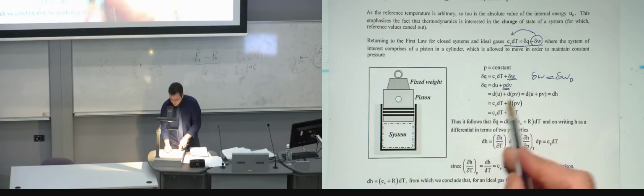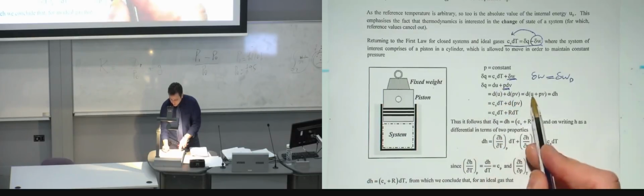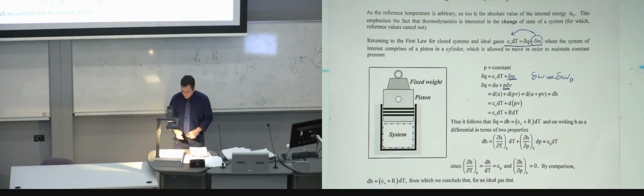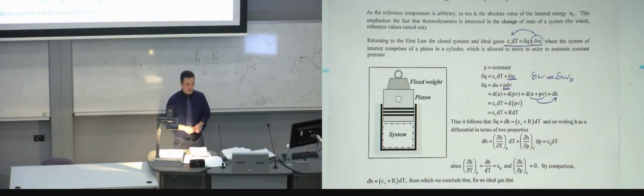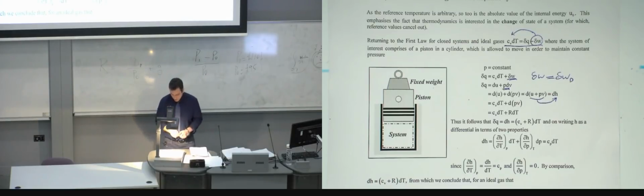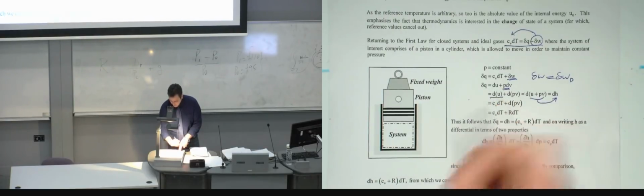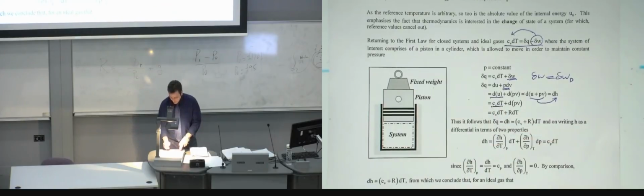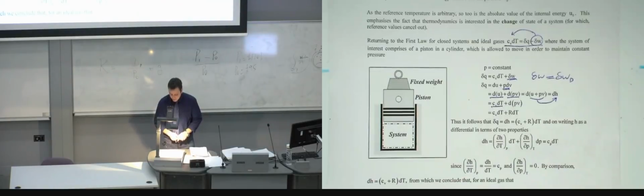By doing this, let's see how we can change that. Now, I could look at the differential form of this, and I could group U and PV, and we know that that's exactly the definition of H. So I've started bringing H into my first law. And this allows me to replace dU by CV dT, and then you could, if you want, retain d(PV).